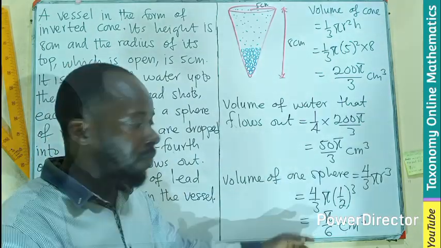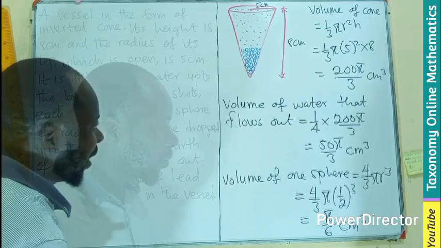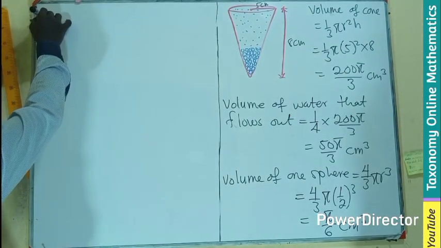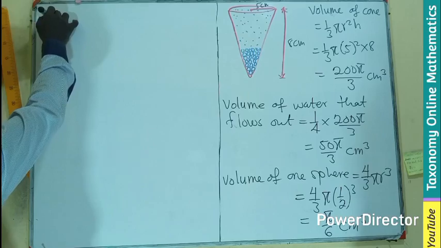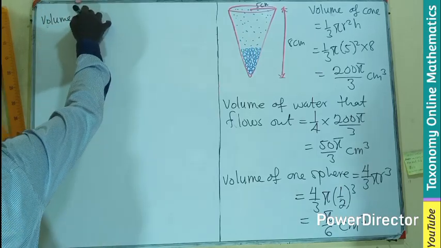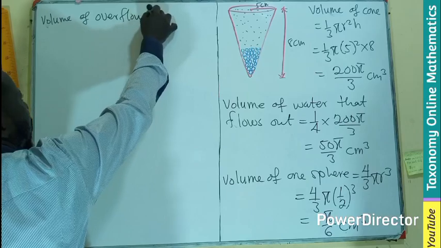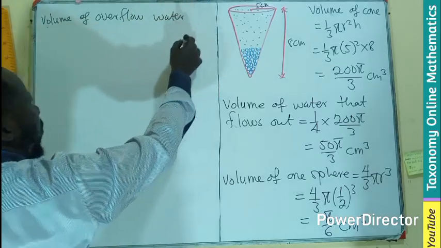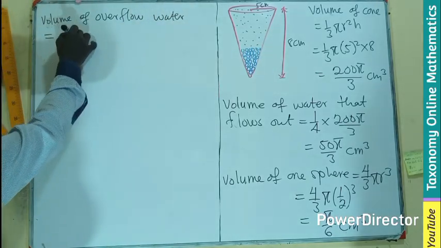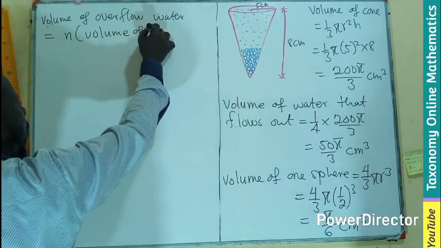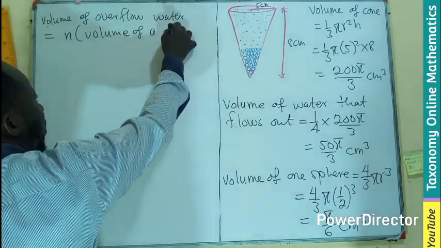N times that. All right. So as I said earlier, we can say that the volume of overflow water equals n times the volume of one sphere.